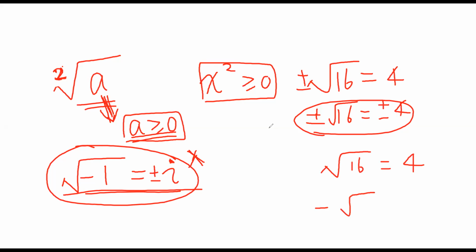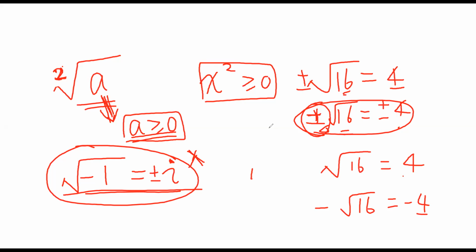If you say negative square root of 16, we get the negative one. So it depends on what is in front of it, which we call the coefficient. These kinds of numbers, you get a square root of 4. This number you can get positive 4 or negative 4.